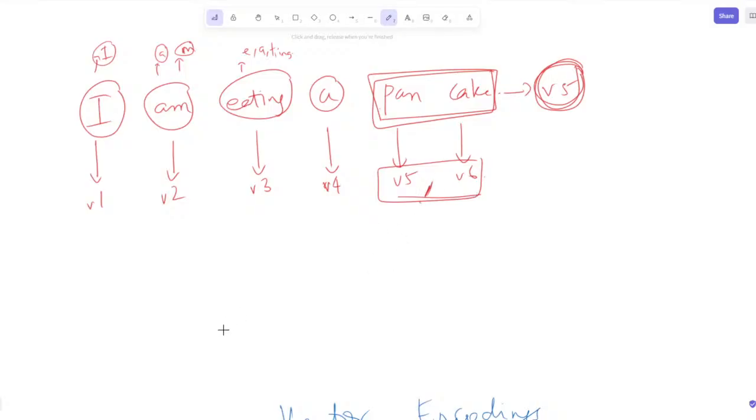The tokenization process, to understand it well, goes like this. It actually converts all of the input text into characters. So you literally have I space A M space E A T I N G space and so on.